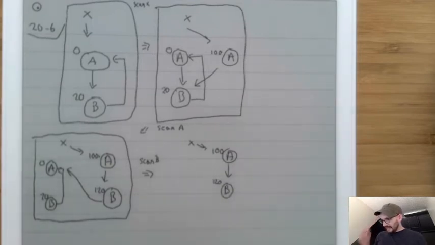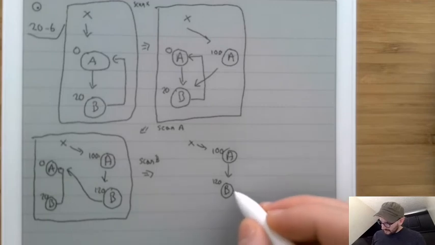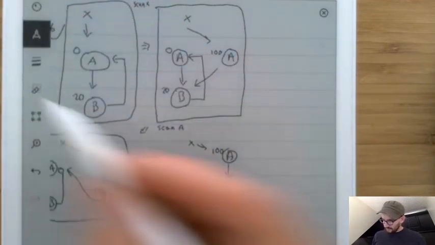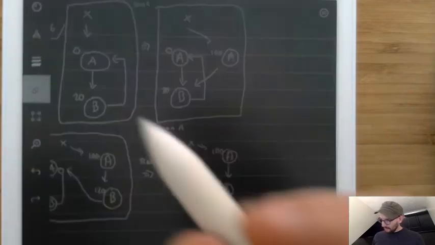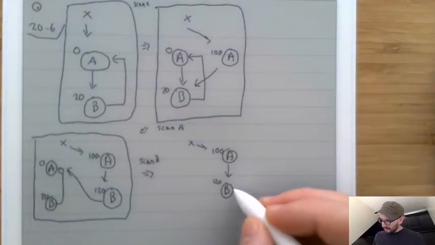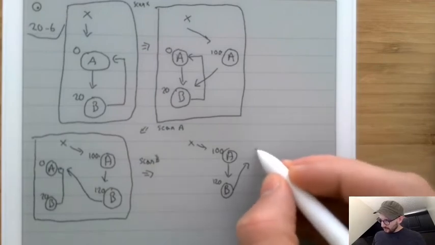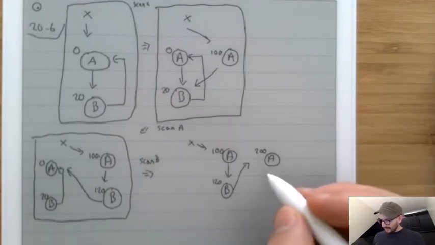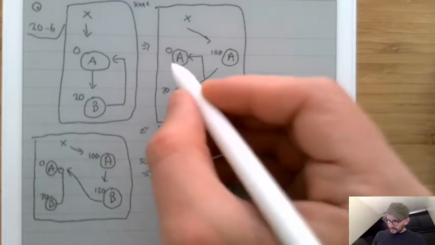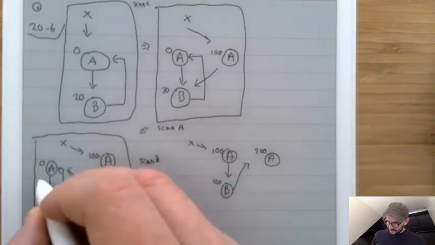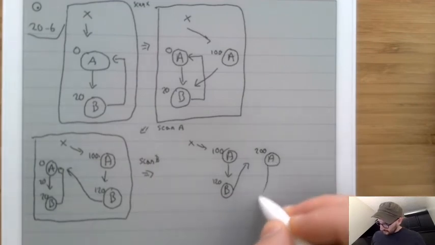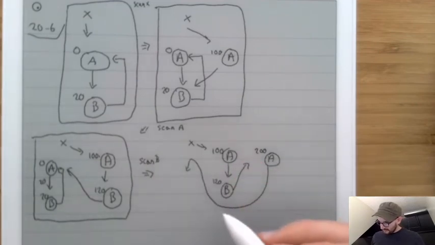And then B is going to point to 200A. And 200A actually still points down here to 20. So it's going to point way over here. Whoops, sorry.